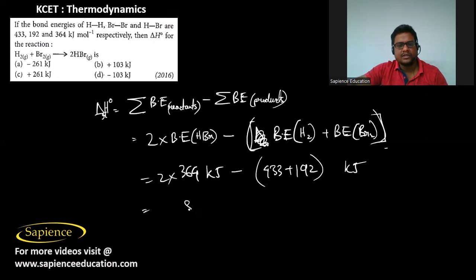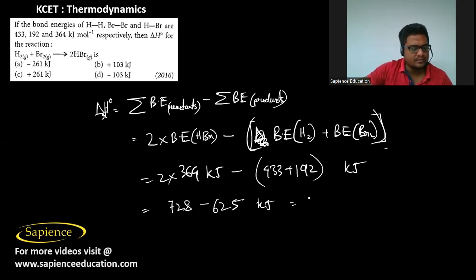So this will be 2 times 364, that is 728, minus 625 kilojoule. Sorry, this will be the bond enthalpies of reactants, so this will come first.